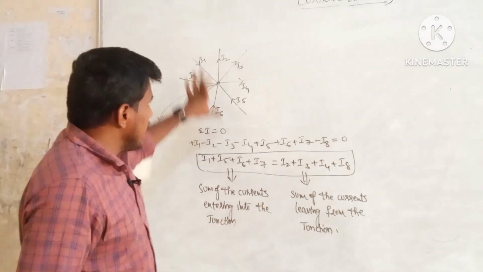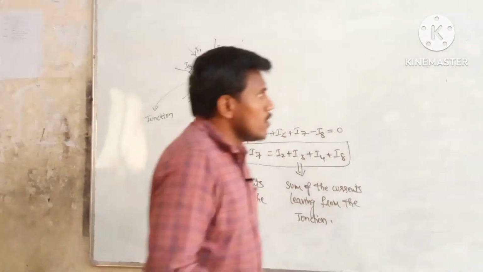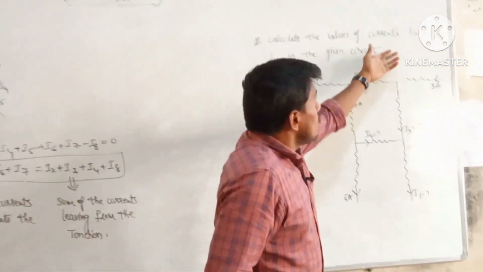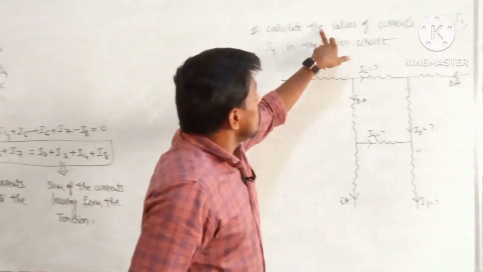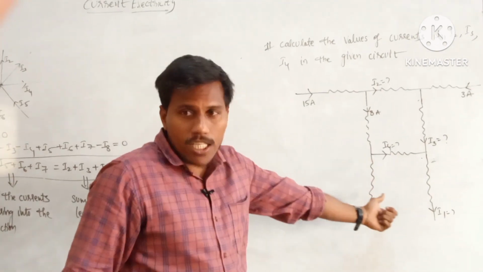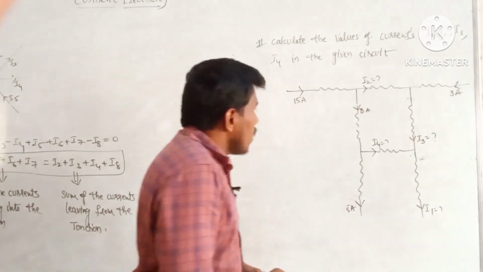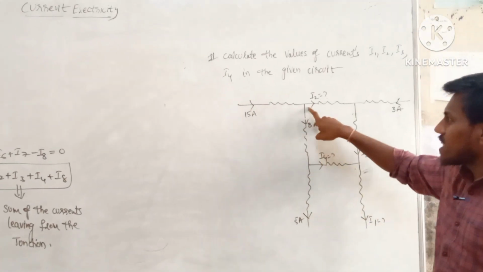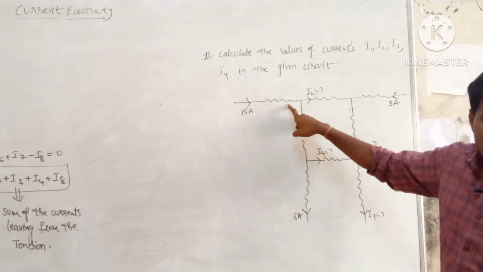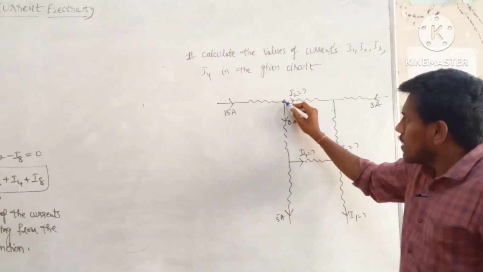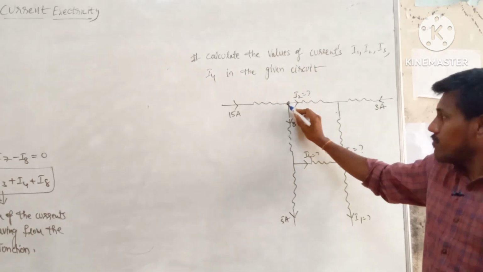So based on this concept, I am going to find the values of currents I1, I2, I3, I4 in the given circuit. In this diagram, 15 amperes current is flowing through this resistor, and this is called a junction.